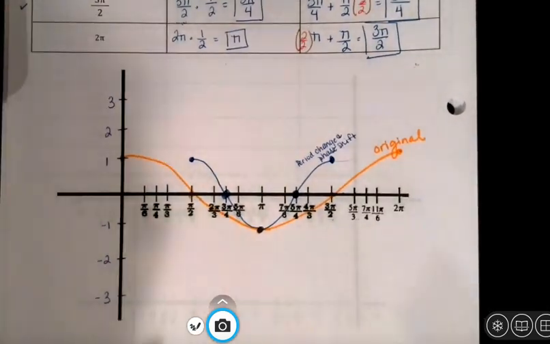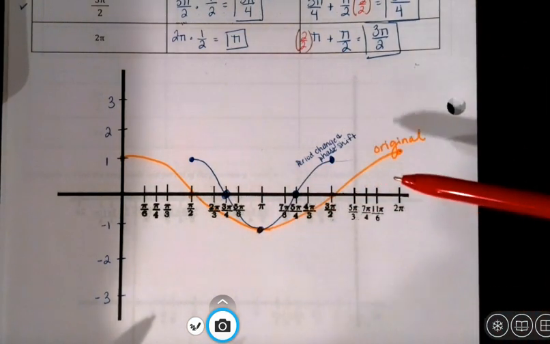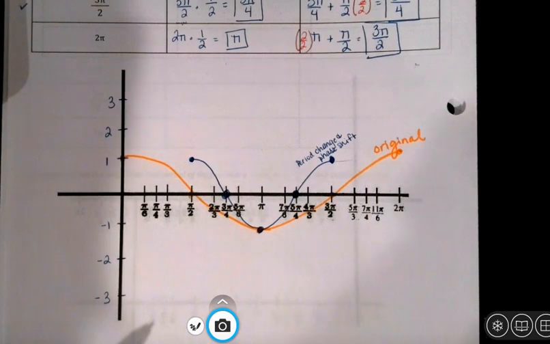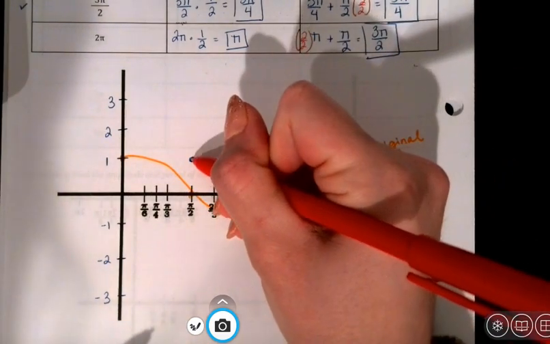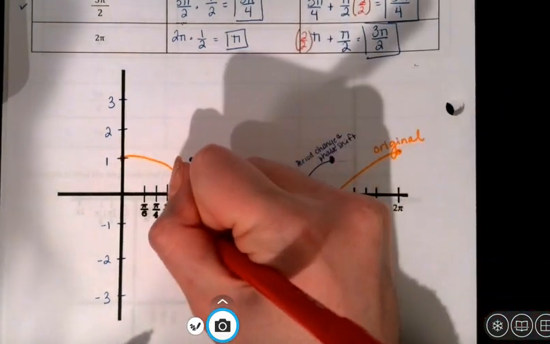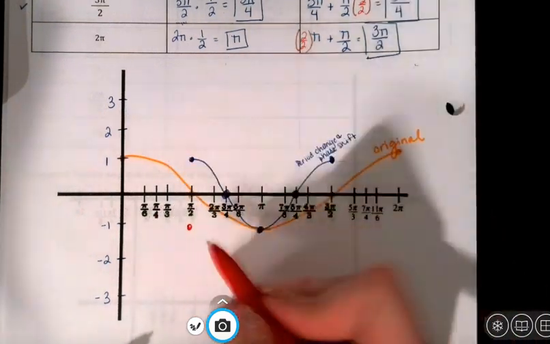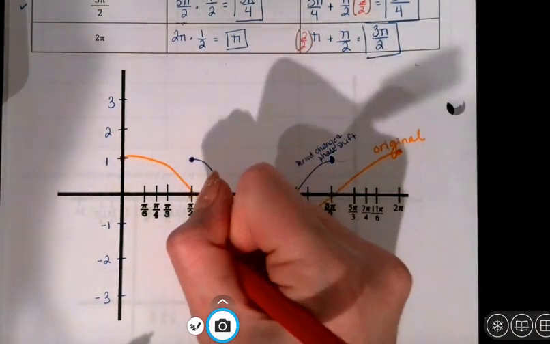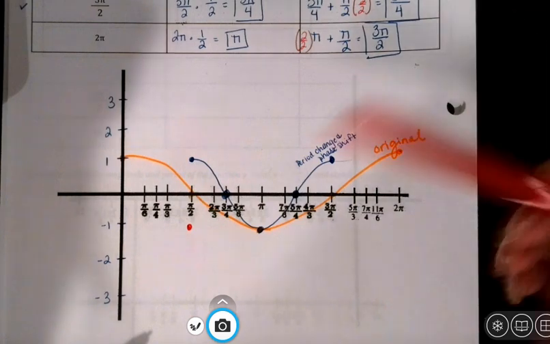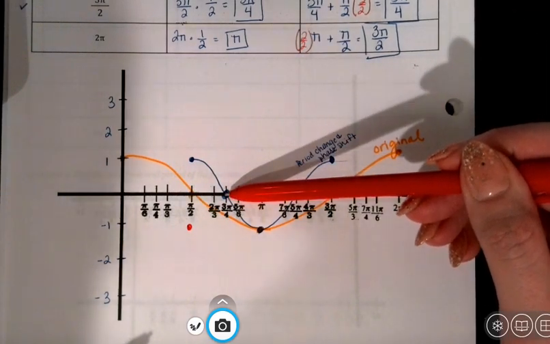So what I'm going to do is take my most recent one, which is the blue one, and anything that's above the x-axis, I'm going to flip to below the x-axis. So this point is at positive 1. I'm going to flip it down to negative 1, but I keep it at that pi over 2 x value. This point here is on the x-axis, so I keep it on the x-axis.